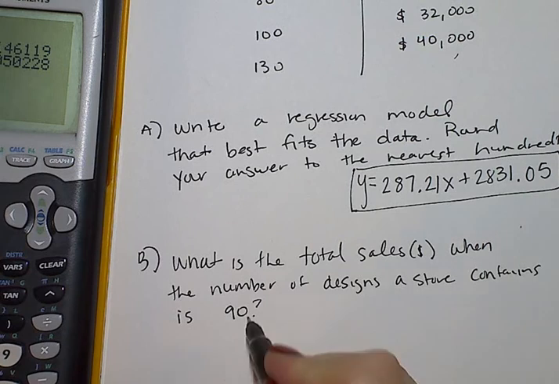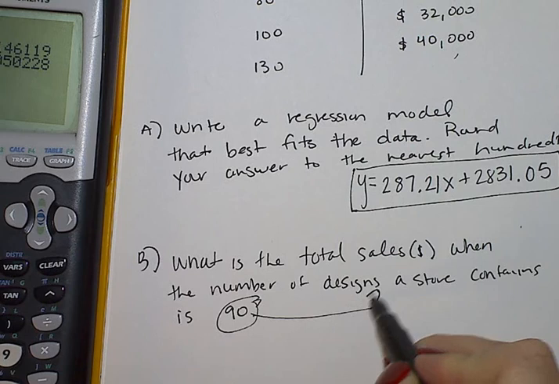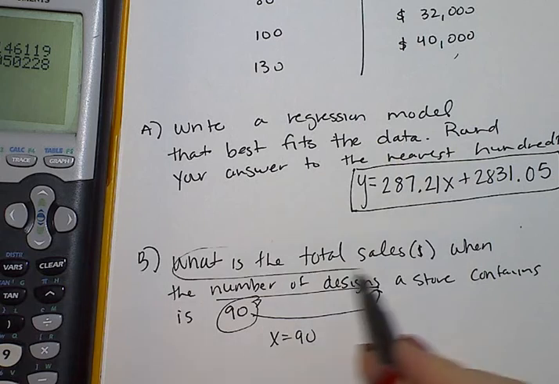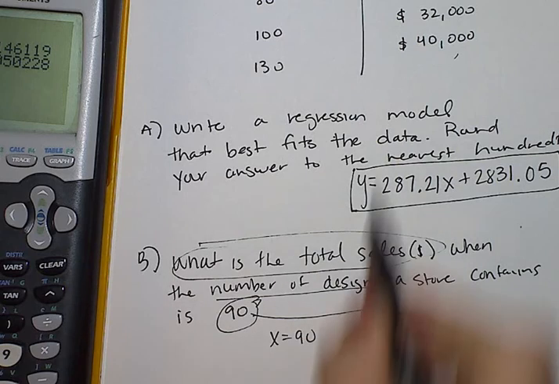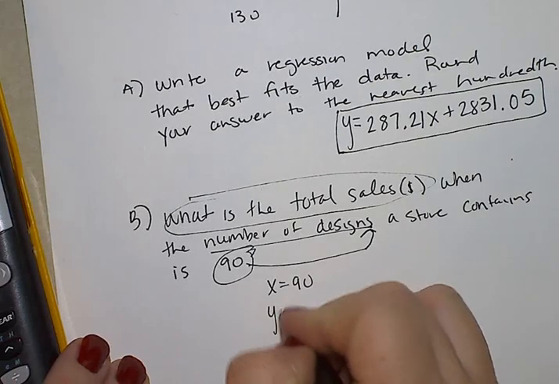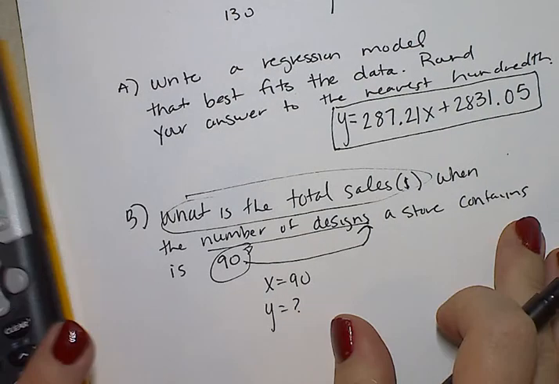So we're given 90, and 90 is associated with the number of designs. And the number of designs is an X value. So I know what X is. I want to know what the total sales is. I want to know what Y is. When you're given X and you want to find y, it's a little bit easier.